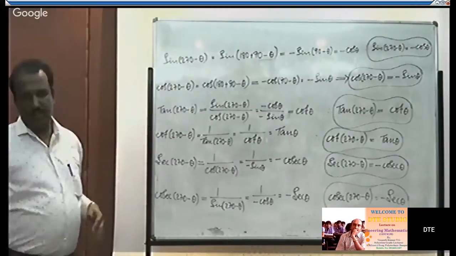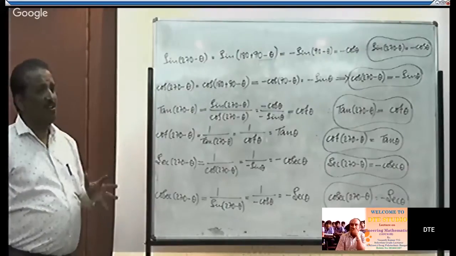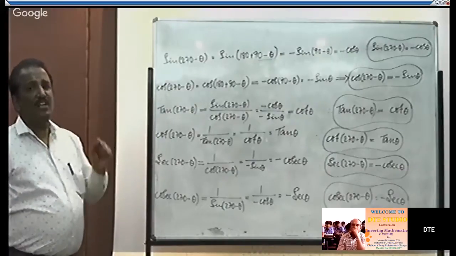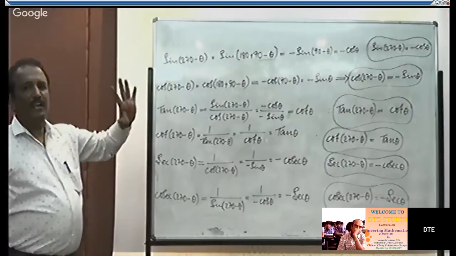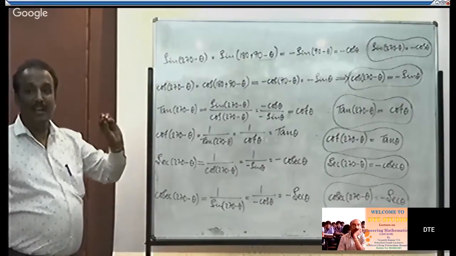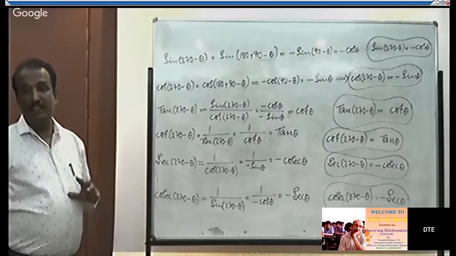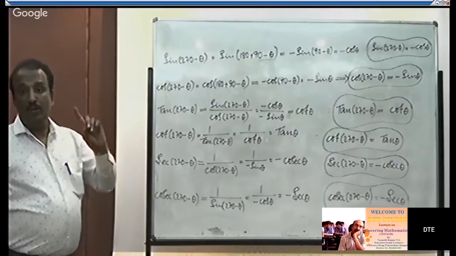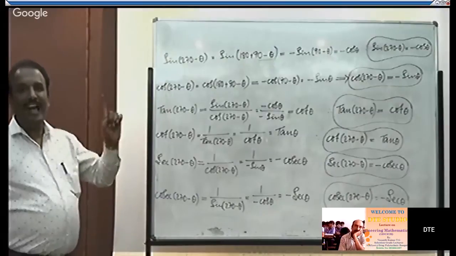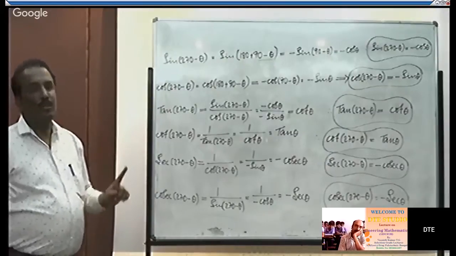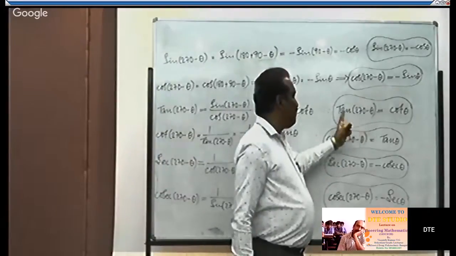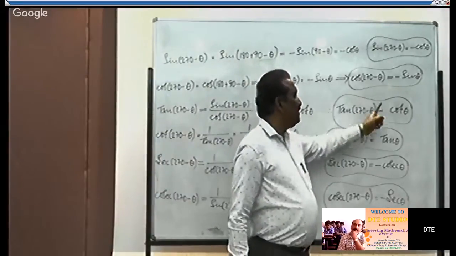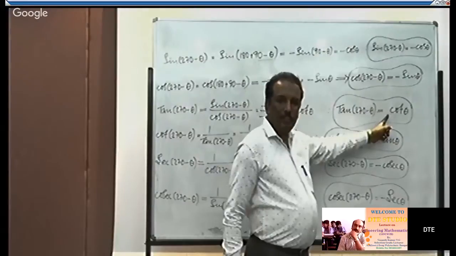Once again, these results are also confirmation for the ASTC rule. Please remember, this 270 minus theta is coming under the third quadrant. In the third quadrant, according to ASTC rule, only tan and cot are positive. That's why when we connect 270 minus theta for tangent of an angle, the result on the right hand side is positive.